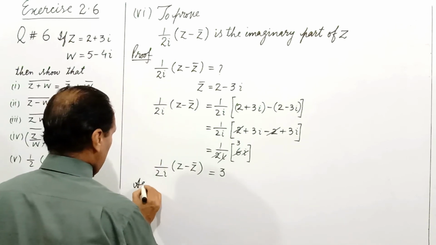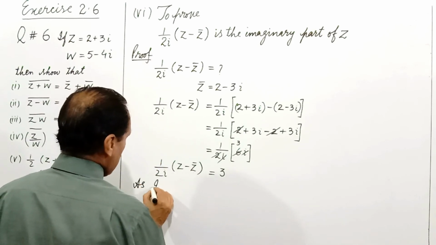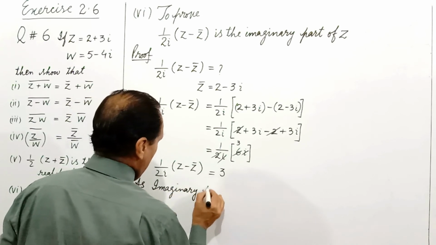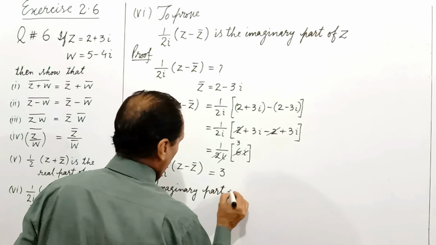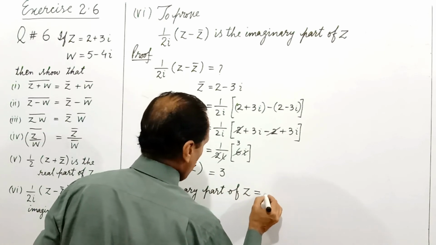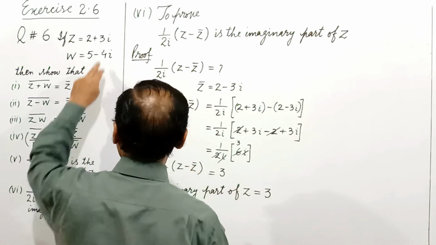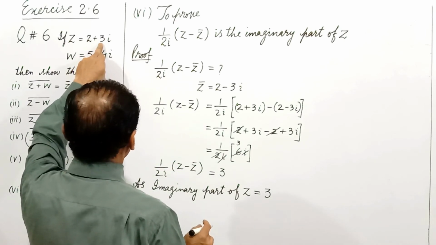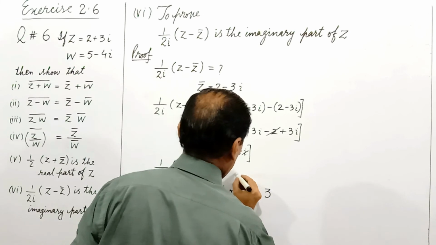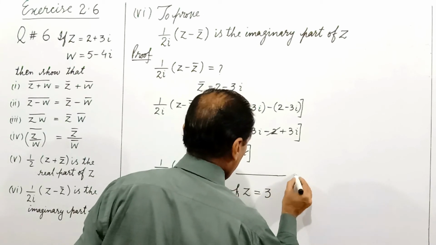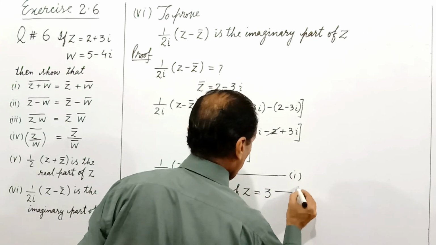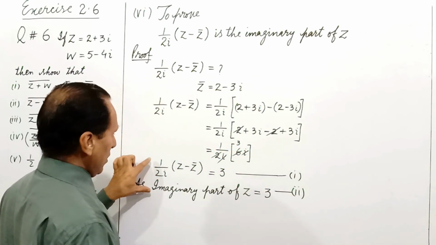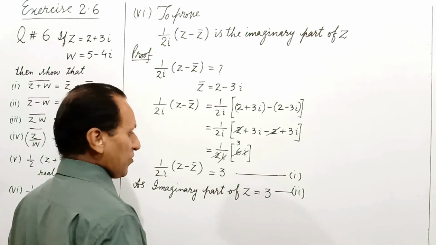As we know that imaginary part of Z is equal to 3. By the given complex number, we observe that imaginary part is 3 over here. So we name 1 and 2 for reference, and by the comparison right hand side same, so we can equate the left hand side by the transitive property.